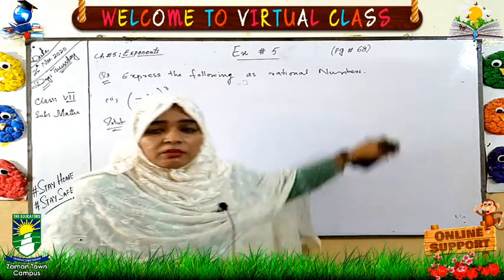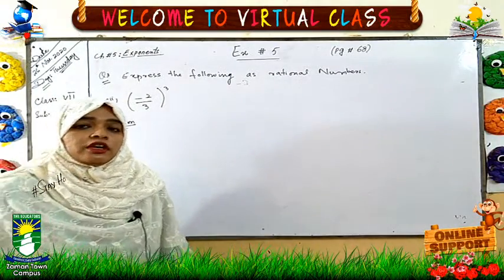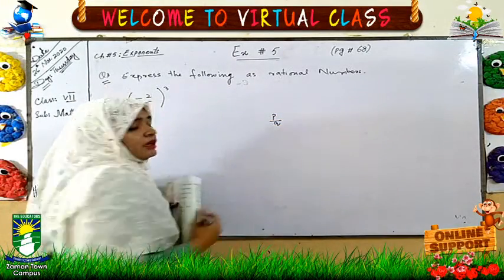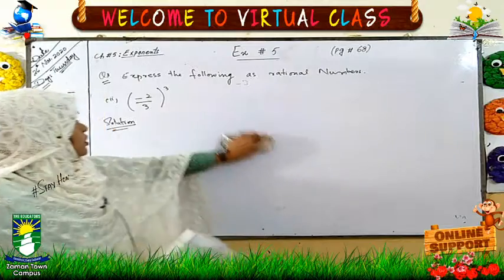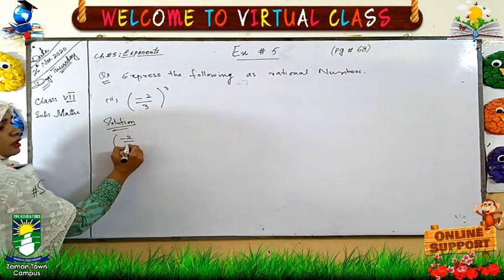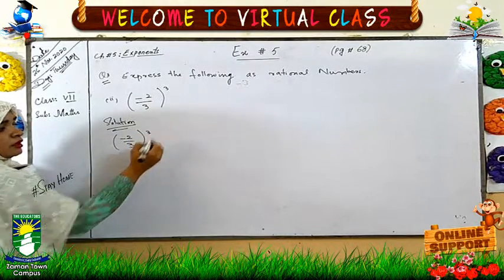I am solving part 2 here: minus 2 upon 3, whole power 3. What are rational numbers? Rational numbers are those which can be written in the form of P upon Q, where P and Q are integers. Now your question is minus 2 upon 3 power 3.